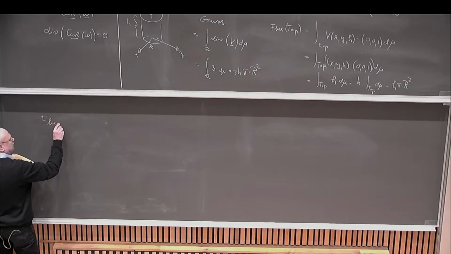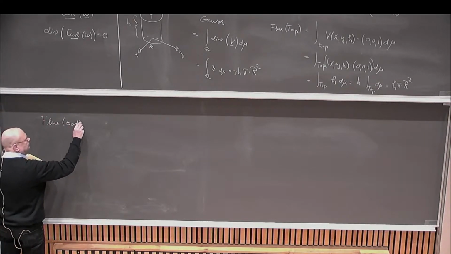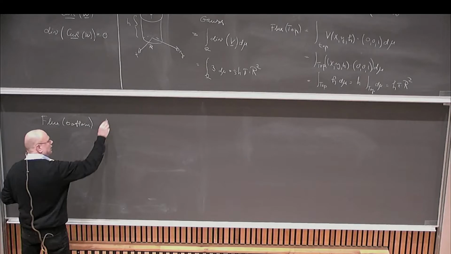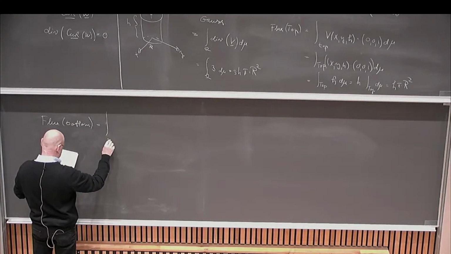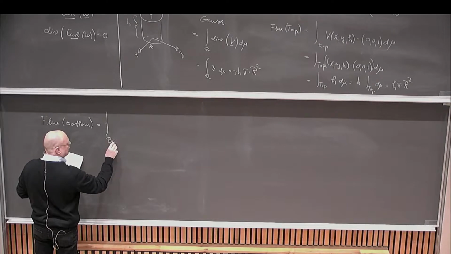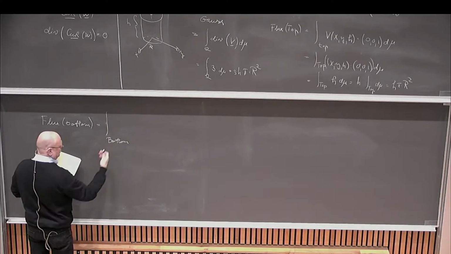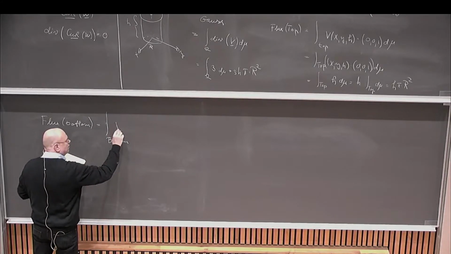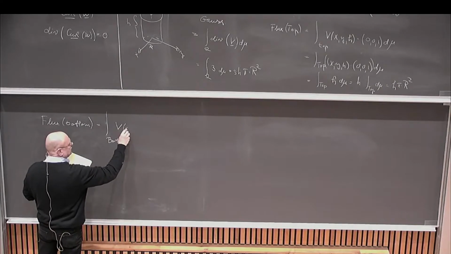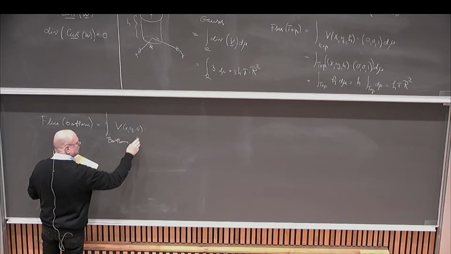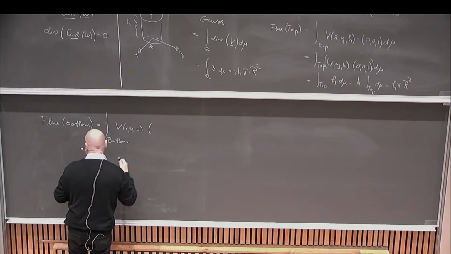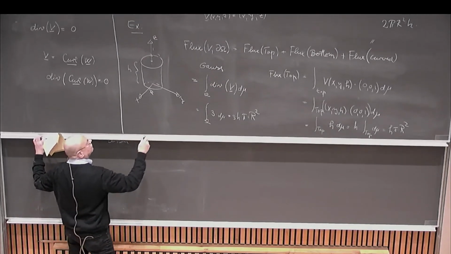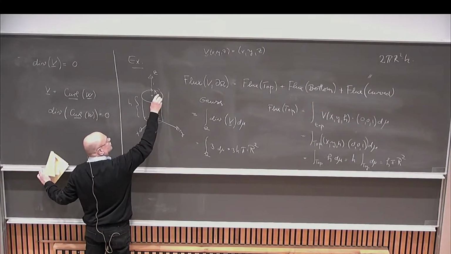If I look at the flux through the bottom, again I get the integral over the bottom, and then the dot product between x, y, 0 and the normal vector.